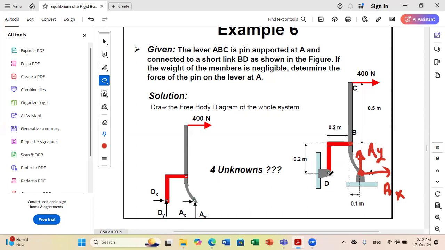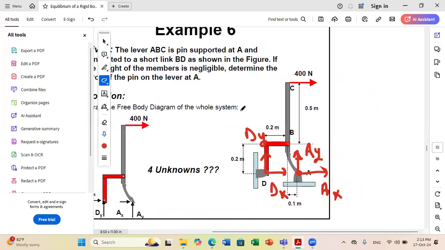And at point D, we have Dx and Dy. So I have four unknowns. Whenever I have four unknowns, I cannot just write three equations. I need four equations. So if I take the whole structure, I cannot solve for my four unknowns. I will write three equations and I have four unknowns.